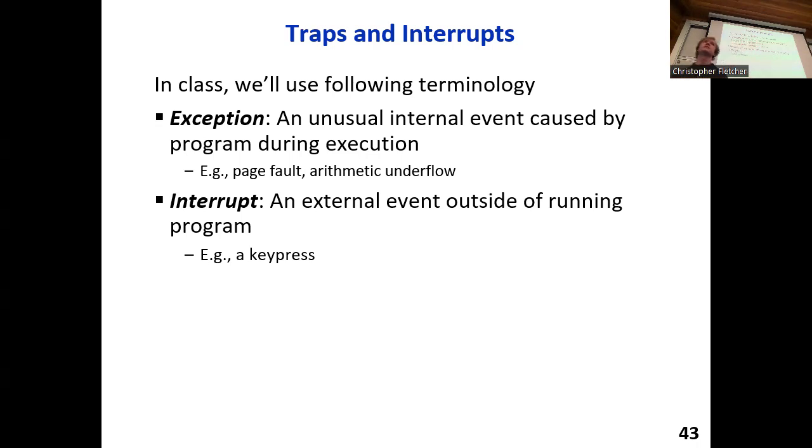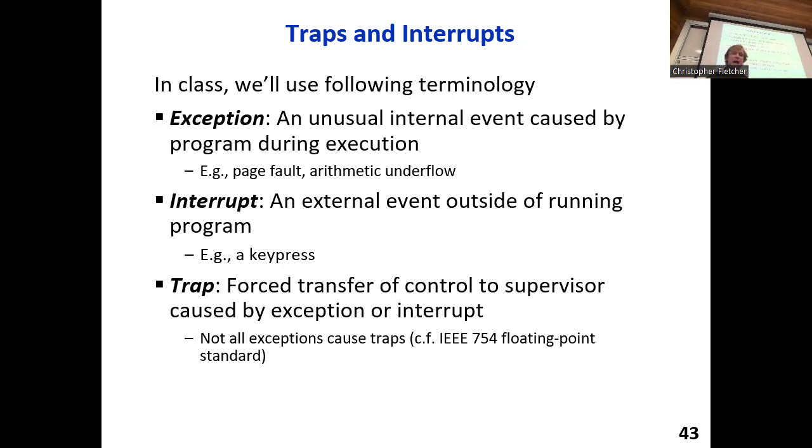So for example, if you have a divide by zero, you point to the divide and say, yes, it's your fault. On the other hand, if it's something like a key press, it isn't really the fault of any particular instruction. A trap is how we deal with these types of events: a forced transfer of control to a supervisor to handle an exception or an interrupt. And it's noteworthy that not all exceptional behaviors result in traps.